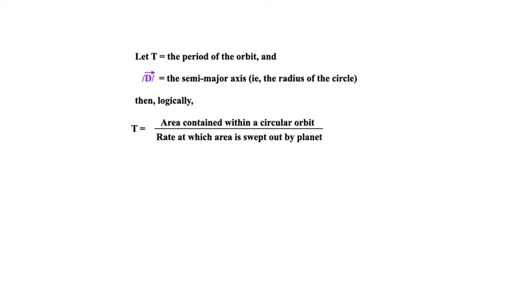Now we are ready to prove Kepler's third law for circular orbits. Let t equal the period of the orbit and let the absolute value of d equal the semi-major axis, that is, the radius of the circle. Then, logically, t must equal the area contained within a circular orbit divided by the rate at which the area is swept out by the planet.